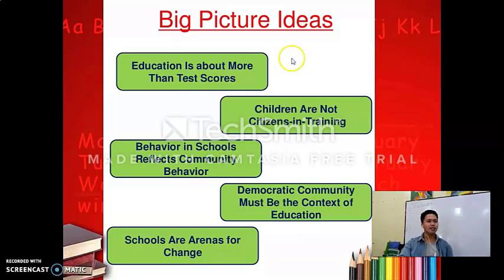John Dewey also said children are not citizens in training. Of course, children are not really citizens in training. They develop. They don't stay the same. We don't feel stagnant when we learn. Okay? And he also said behavior in schools reflects community behavior.